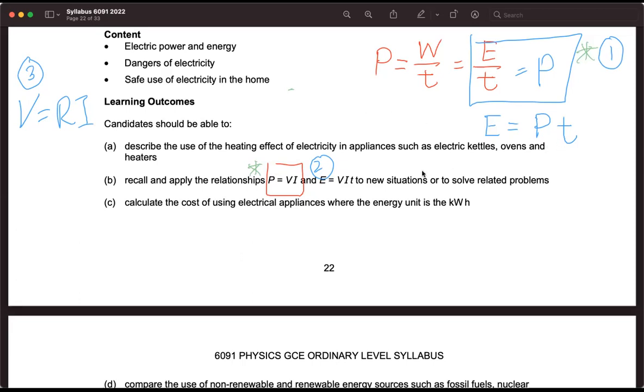I want you to type out the three formulas. Only Qiao Xing and Yu Ting have given me the three formulas. How about the rest of you? Qiao Xing, you did not give me the third formula. Waiting for the rest of you.